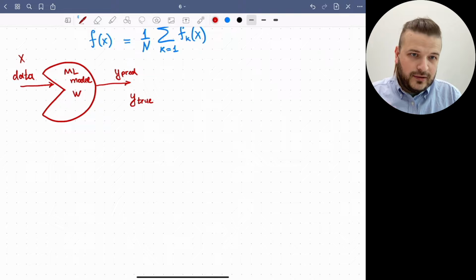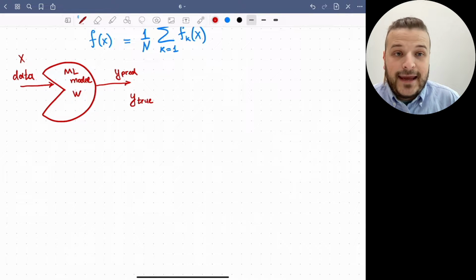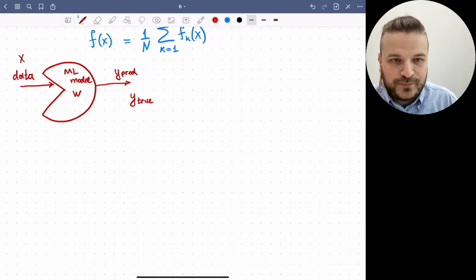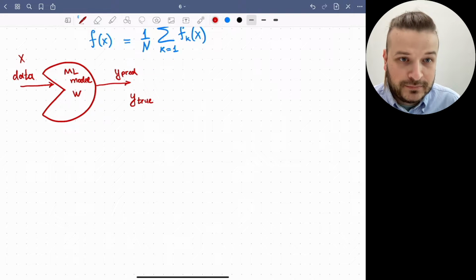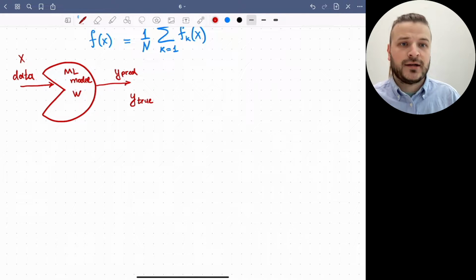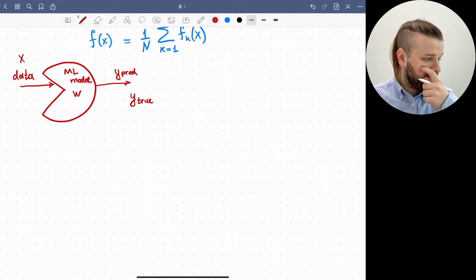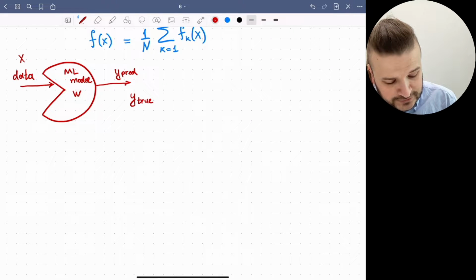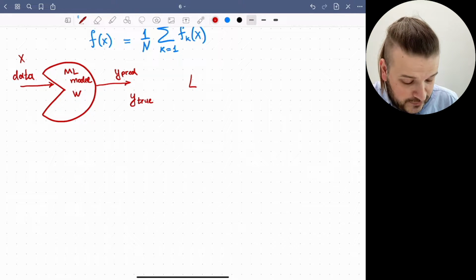If I have n data points, we have n predictions and n ground truth labels. That means you could write down the MSE loss function, which is nothing else but this finite sample average.